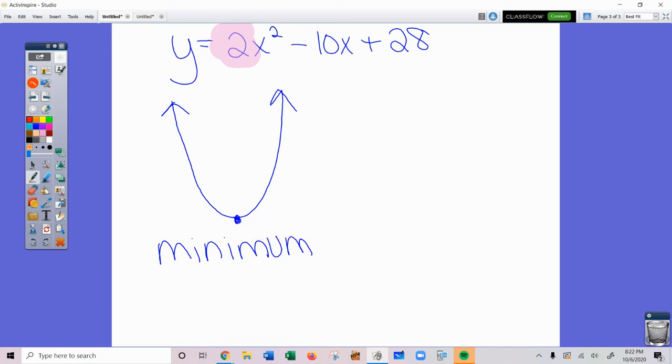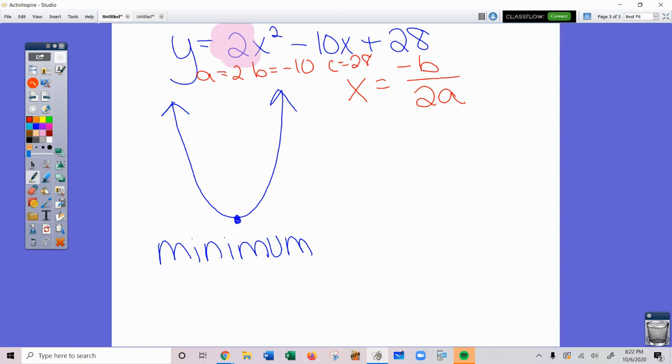We said to find the x value, we would do negative b over 2a. Just like we did with the quadratic formula, a is 2, b is negative 10, c is 28.